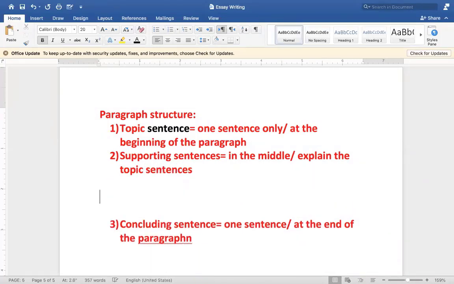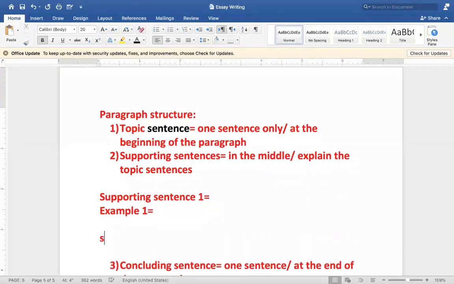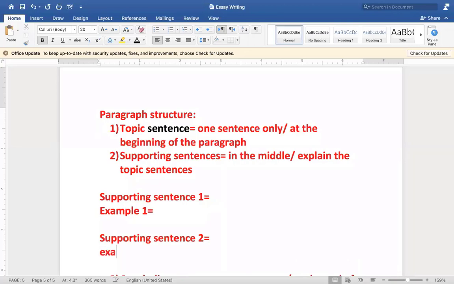At least I have one supporting sentence. I have supporting sentence 1, and then I have an example on it. Example 1. I can also have supporting sentence 2, and I can have also what? Example 2.